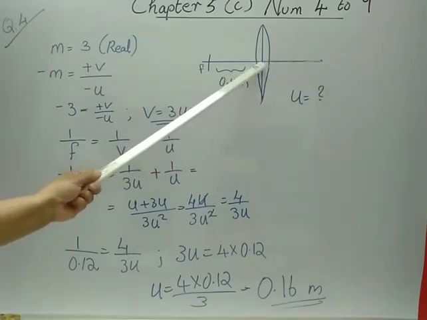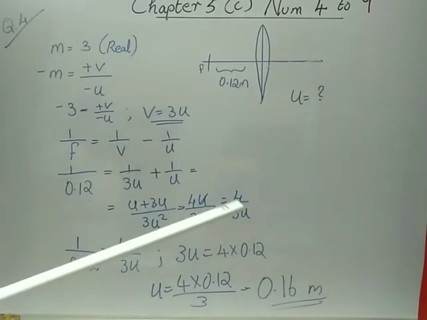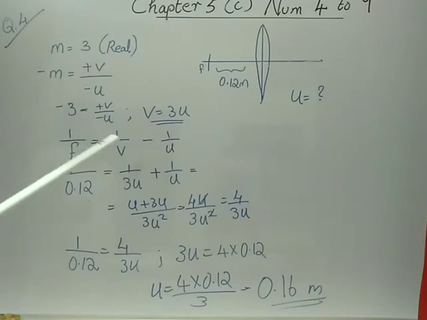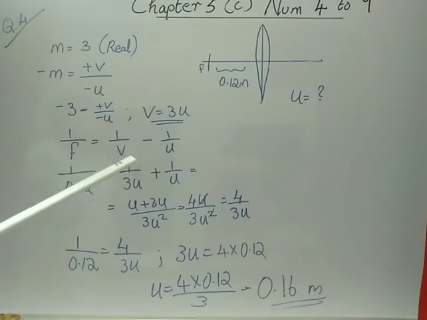So we are taking it in the direction of the incident ray, so V is positive. And U, always keep in mind, is a constant: whether it is a convex mirror or concave mirror, virtual image, anything, U is always negative. So the magnification is negative 3.